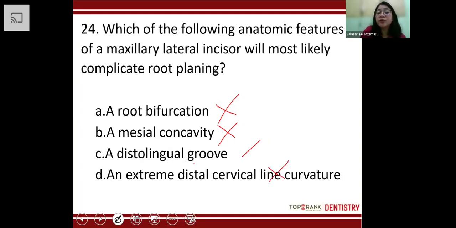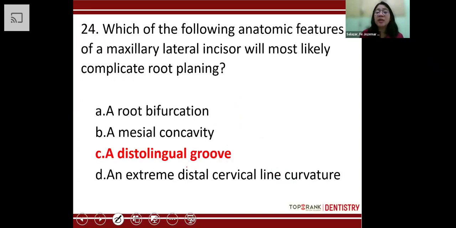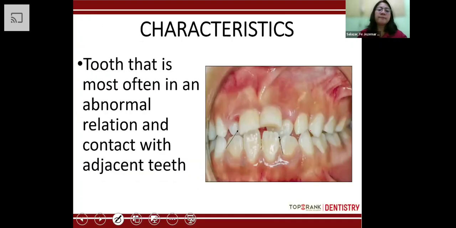No, it's a groove. What groove is that? Yes, distolingual, lingogingival, and palatoradicular groove. So the correct answer is letter A. There is no mesial concavity on this tooth. Mesial concavity is seen on the maxillary first premolar. It is a prominent feature of the maxillary first premolar.